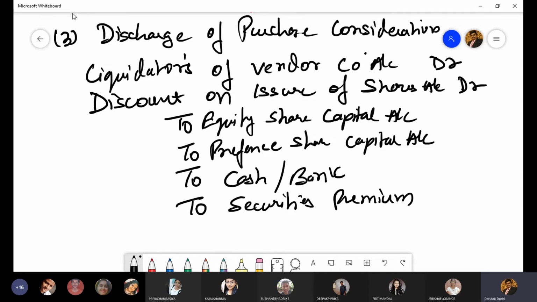So your dummy accounts are closed, and all the assets and liabilities which were taken over are incorporated in the books of accounts, and the payment to be done to the vendor company is also done after passing the 3 entries.